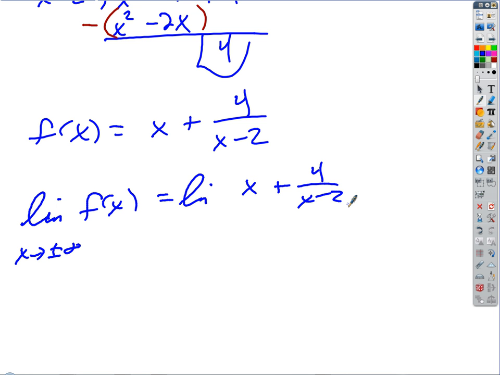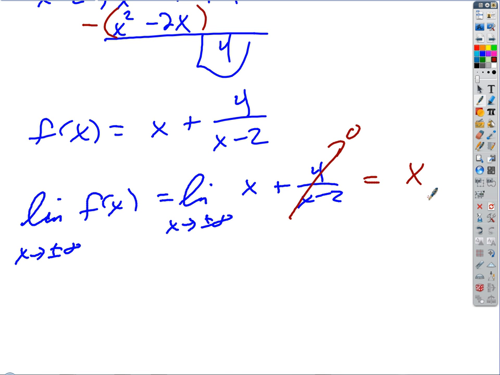Okay, good, right, so this term right here is a fraction, right? I know that the bottom is getting big, and so that fraction is doing what? It's going to 0, yeah. And we end up with the answer x. The limit of this function as x approaches plus or minus infinity is x.